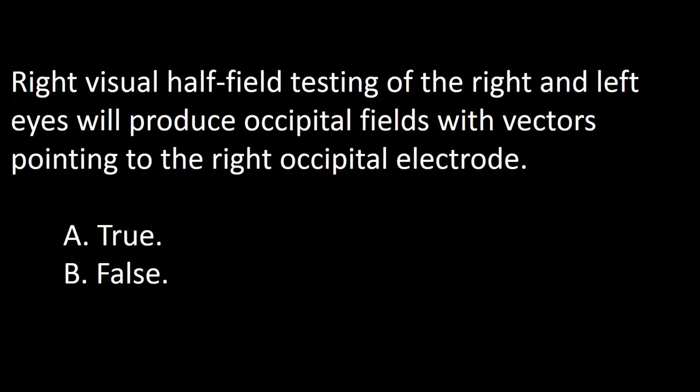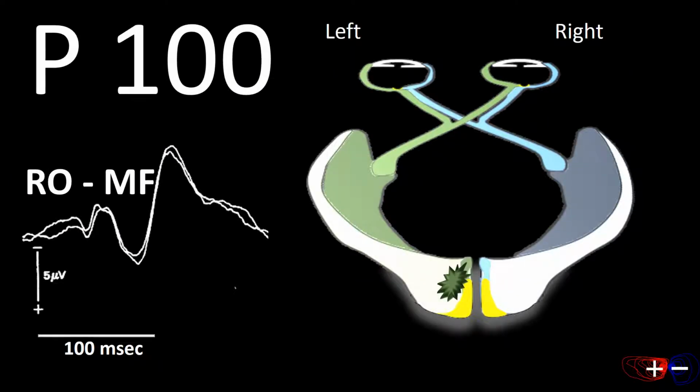Next question. Right visual half-field testing for the right and left eyes will produce occipital fields with vectors pointing to the right occipital electrode. A true, B false. Left occipital visual cortex activation creates a field with a vector best captured at the right occipital electrode.